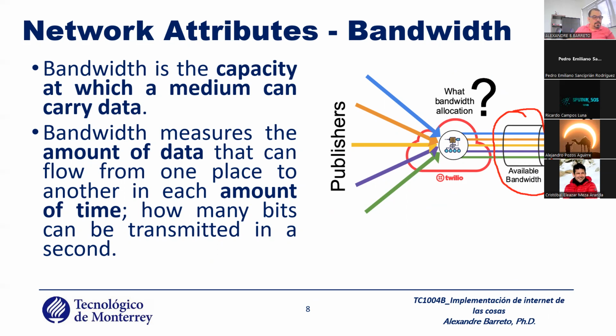The bandwidth is the amount of data that you can transport from one place to another, like publisher to subscriber. It's a very important concept because, depending on the bandwidth that you have, you can enable or disable the possibility to use a specific application.